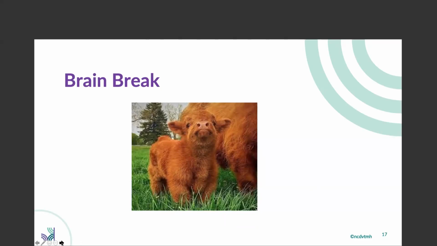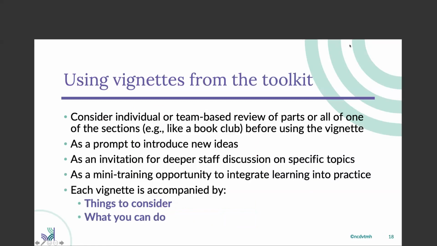Thanks, Jeanette. So that was a lot. What we're going to do next is talk a little bit about how you might consider using vignettes from the toolkit within your program. This slide sets the stage for us to think about this.